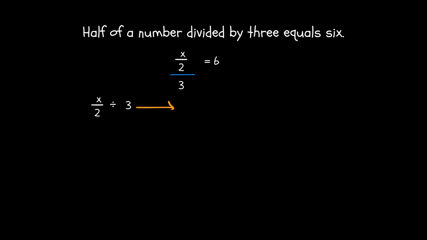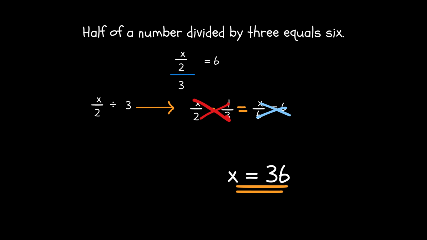So let's do it now. x over 2 times 1 over 3. Now we can simply solve: x over 6. Now that we have x over 6, we can put it as equal 6. And now we can simply cross multiply and x will equal 36.